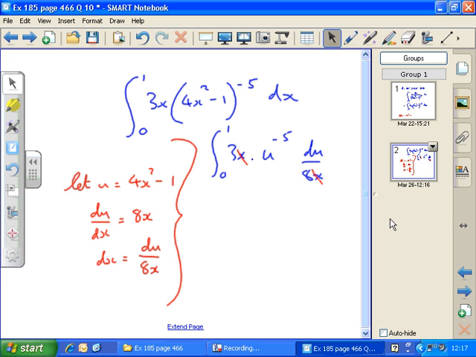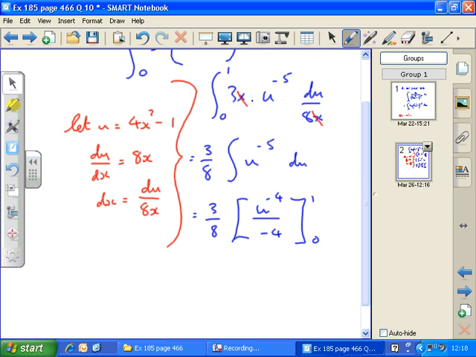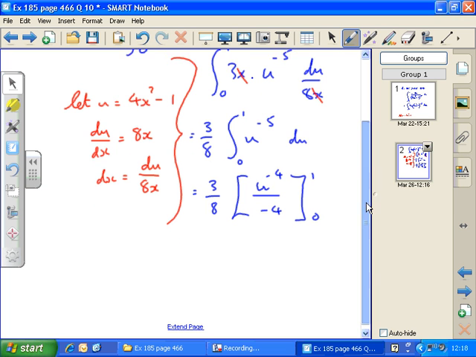The 3 over 8 can come outside the integral. So I've got the integral of u to the minus 5 du. Add 1 to the power, divide by the new power. This becomes 3 over 8 times u to the minus 4 over minus 4, between 0 and 1.